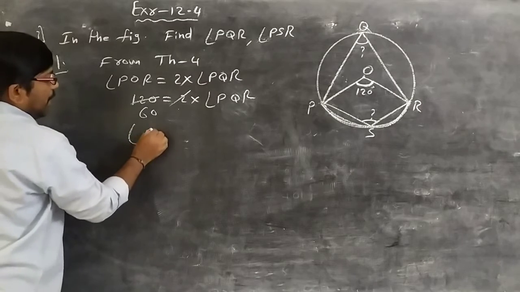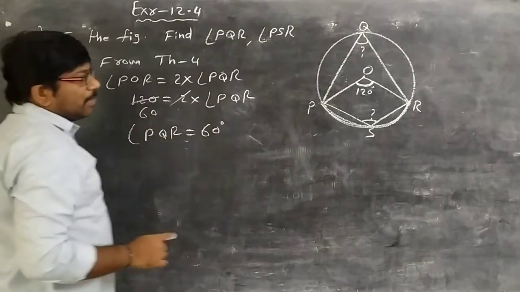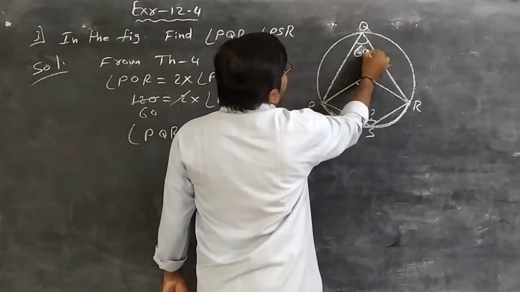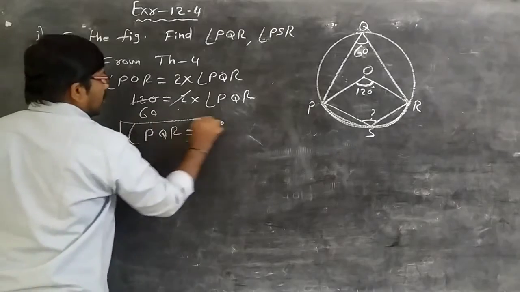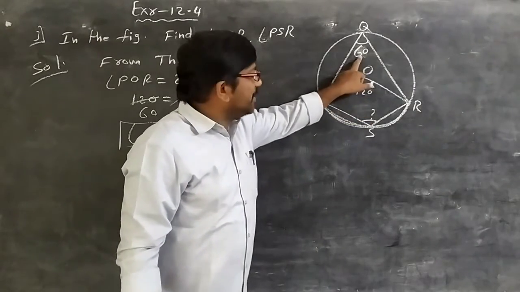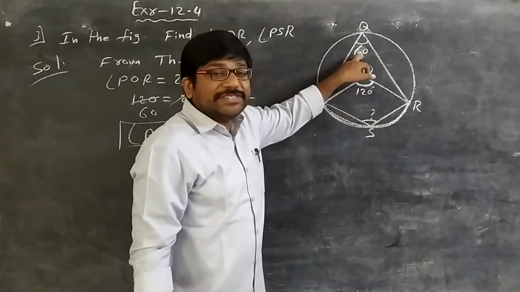So angle PQR is equal to 60 degrees, right? So we know very well, if it is 60 it is double 120, and if it is 120 it is half 60.